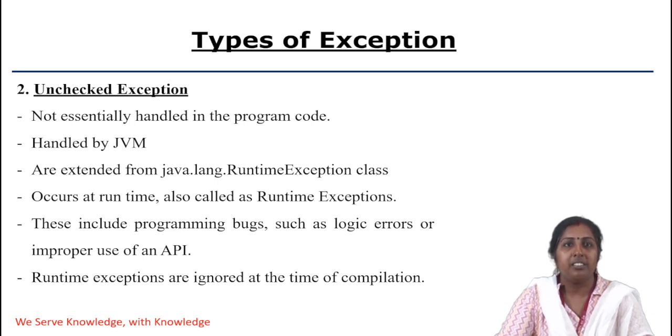These runtime exceptions can be ignored at the time of compilation. Here the programmer does not necessarily have to handle these types of exceptions. In effect, the JVM itself will be handling them.